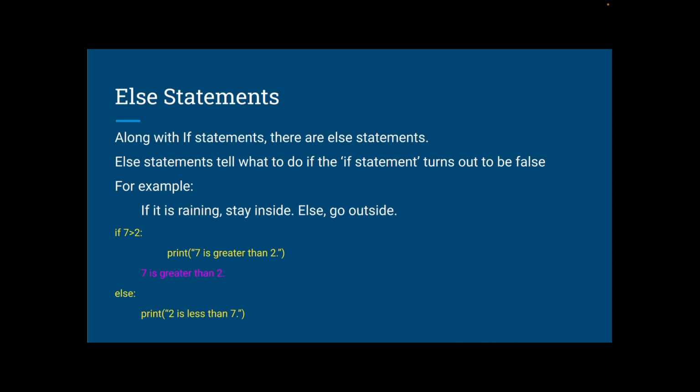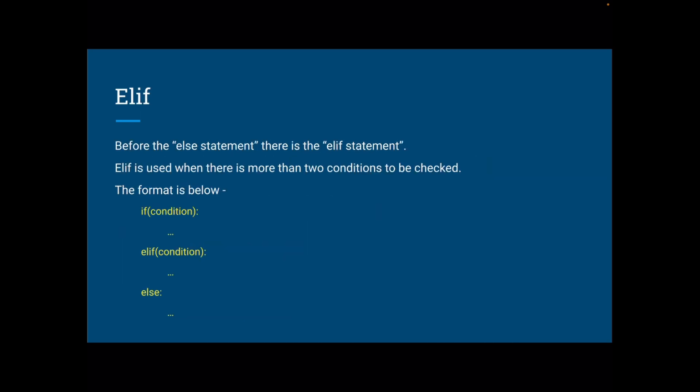Okay, anyways. Moving on to elif statements. Before the else statement, there is the elif statement. Elifs are used when there are more than two conditions to be checked. Here is a format for context.